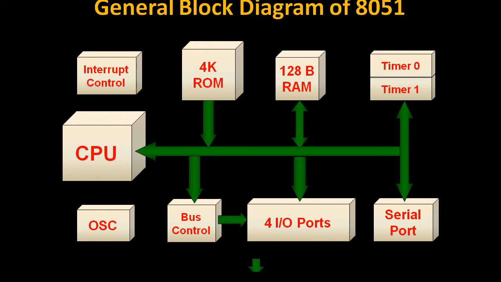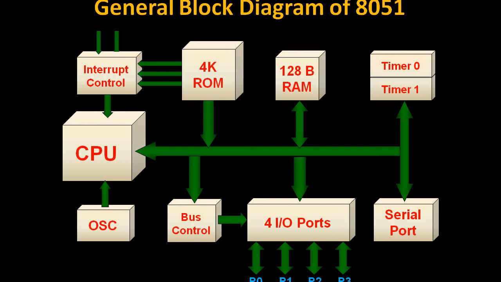This is the general block diagram of the 8051 CPU connected with ROM, RAM, timer, serial ports, IO ports, and bus control, and the CPU is connected with interrupt control and oscillator circuits.